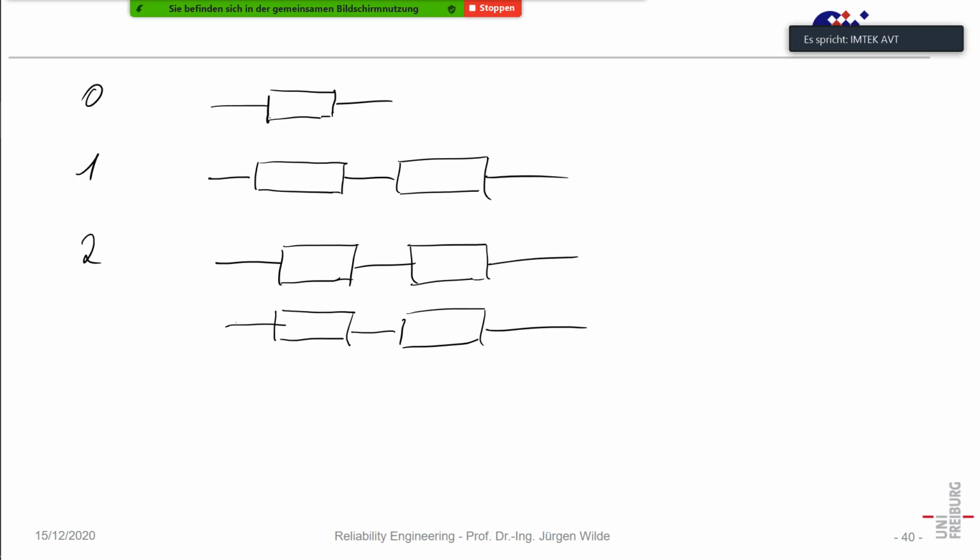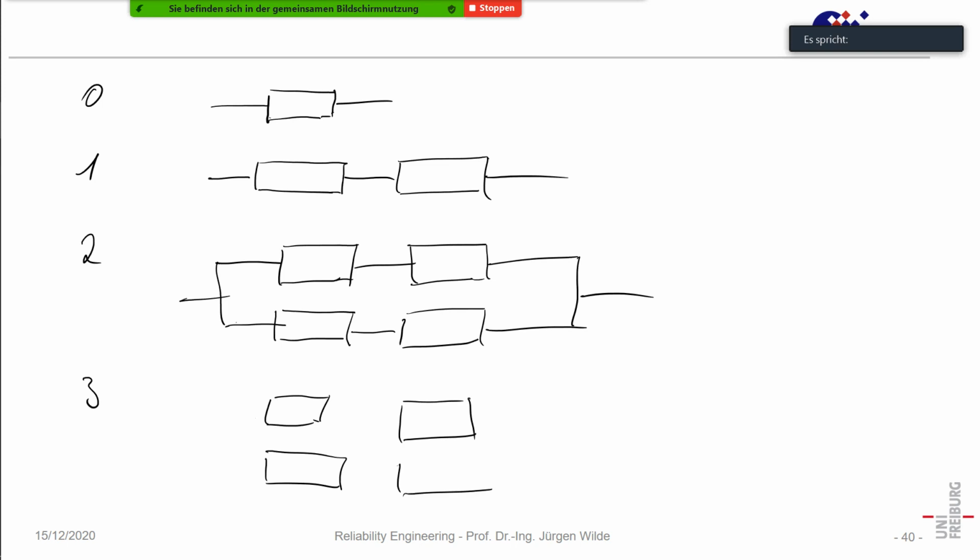That could be a typical test in an exam. And now we have number 3, where we can say we have, so that's the correct way to put it.